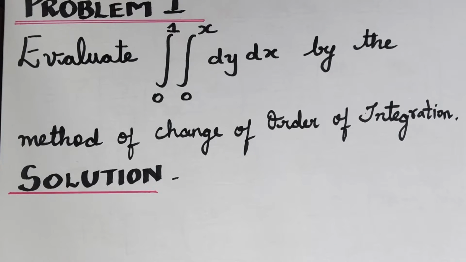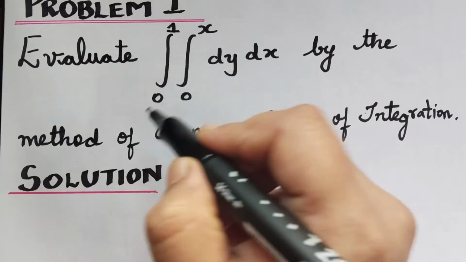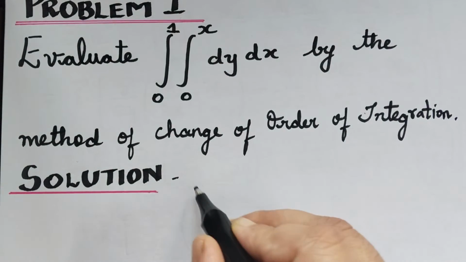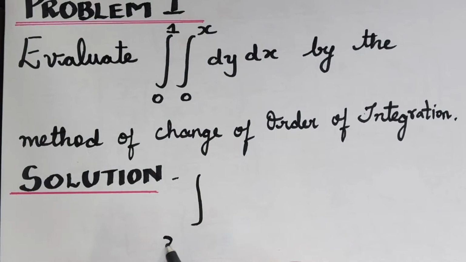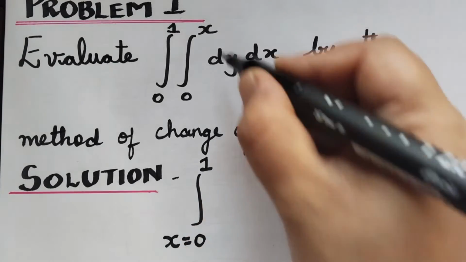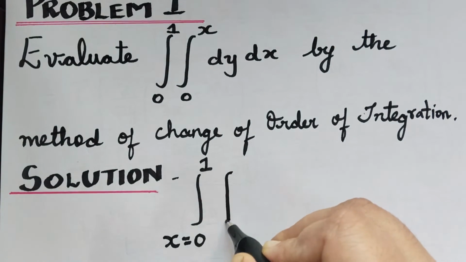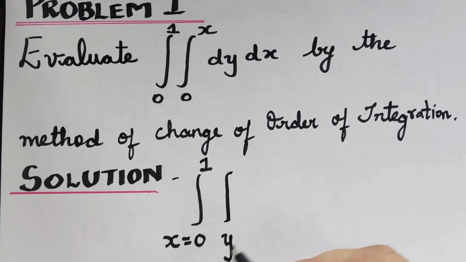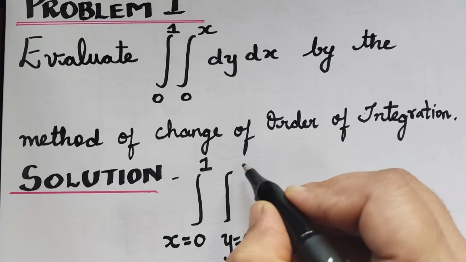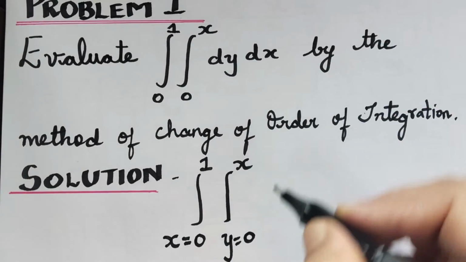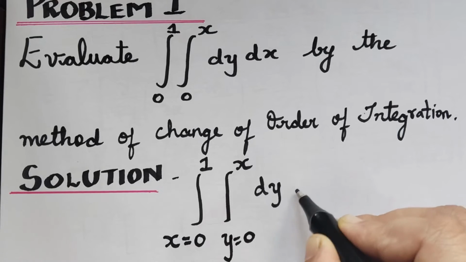If we rewrite it properly, the outer integral is with respect to x, so these are the limits for x: x is equal to 0 to 1. The inner integral has limits with respect to y: integral y equal to 0 to x, dy dx.